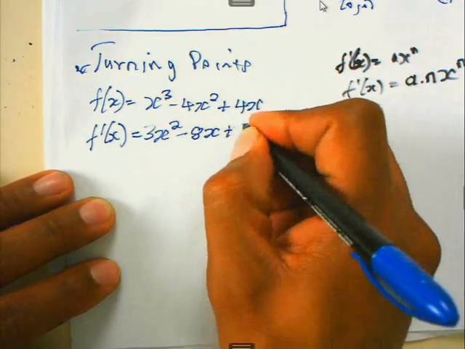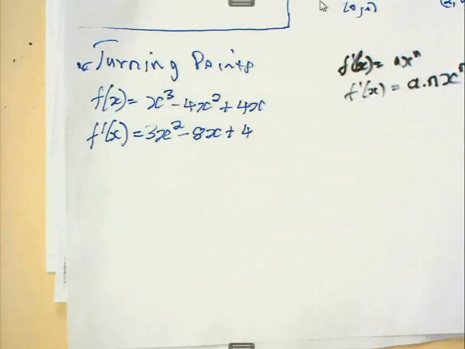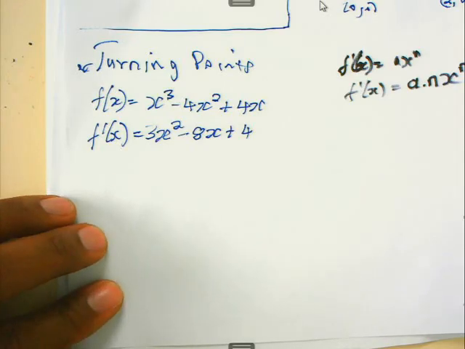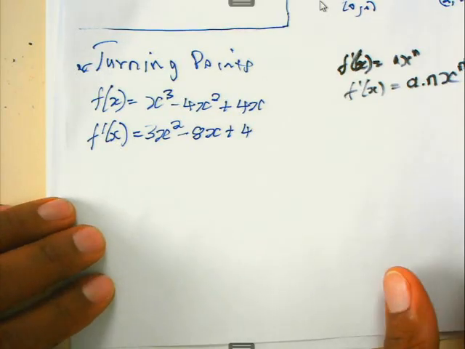And therefore, here we have a plus 4. Therefore, the derivative f prime of x is equals to 3x squared minus 8x plus 4. Right. Now, are you happy so far?